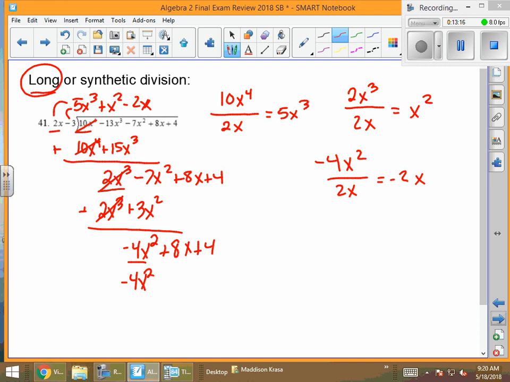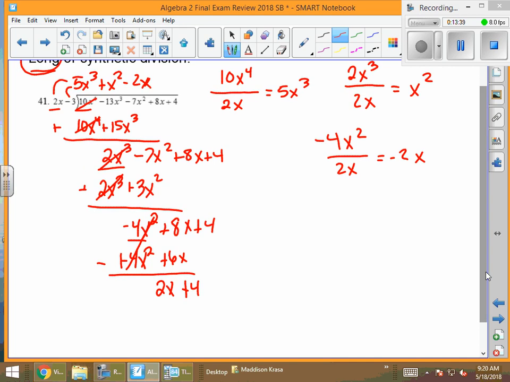And negative 2x times negative 3 is positive 6x. Keep in mind it's subtraction. So right here, this will become addition, and those cancel. And then we have 8x minus a 6x, which is 2x. Bring down our plus 4.